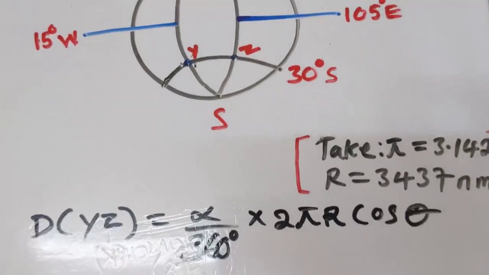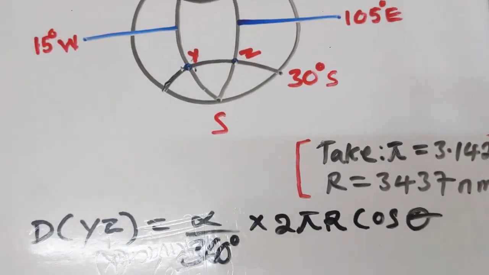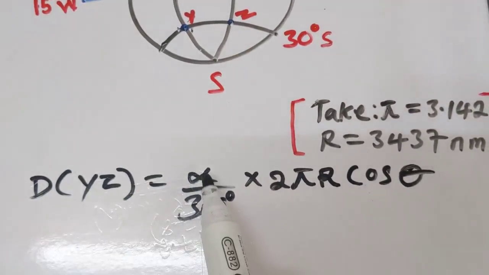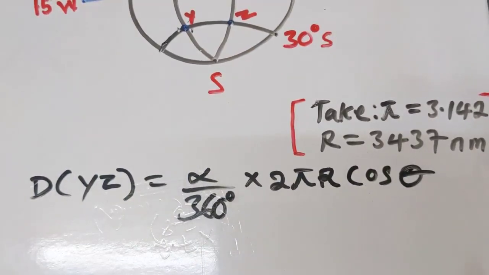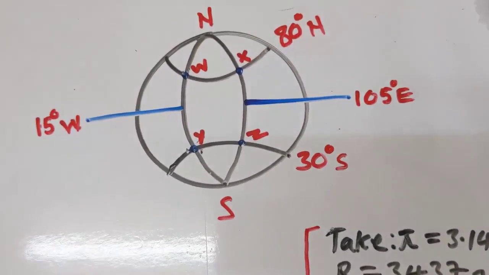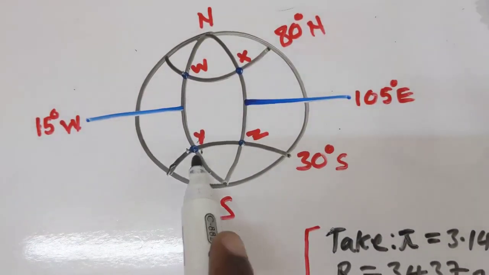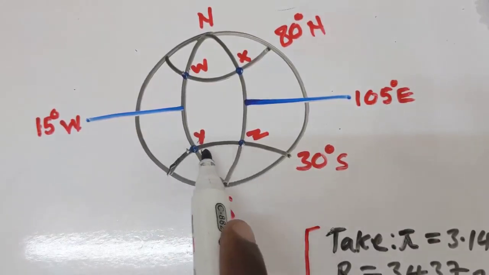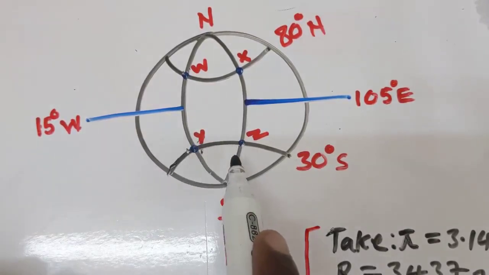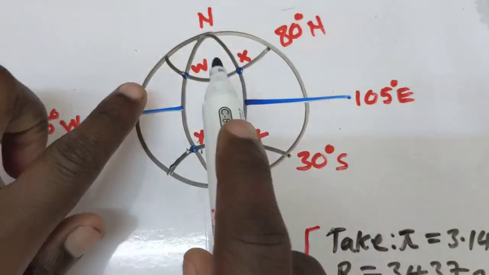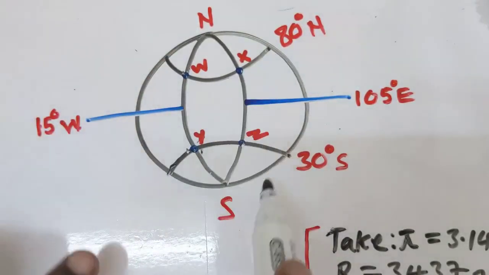So let's calculate the distance. First of all, before you calculate the distance, you need to calculate the difference. This is the difference in longitudes. When calculating the difference between these two points, we use the longitudes in which those points are.